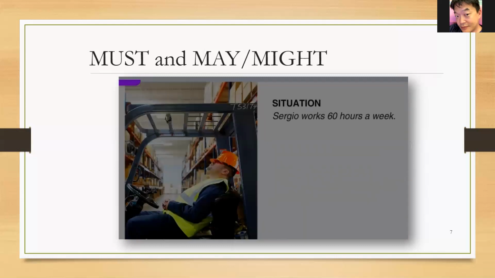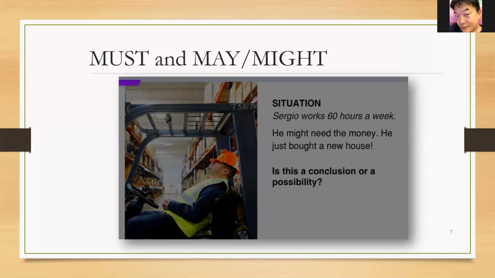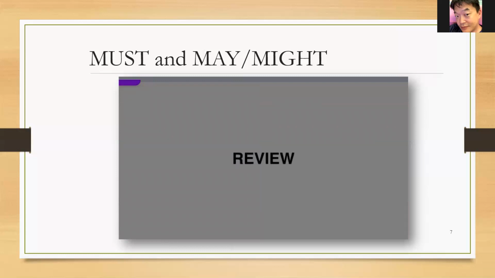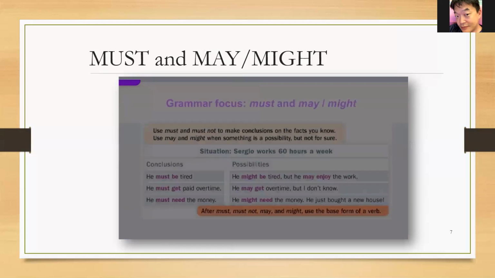Situation. Sergio works 60 hours a week. He might need the money. He just bought a new house. Is this a conclusion or a possibility? Possibility. Let's review. Situation.